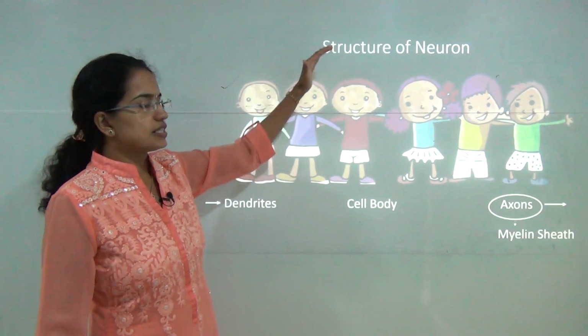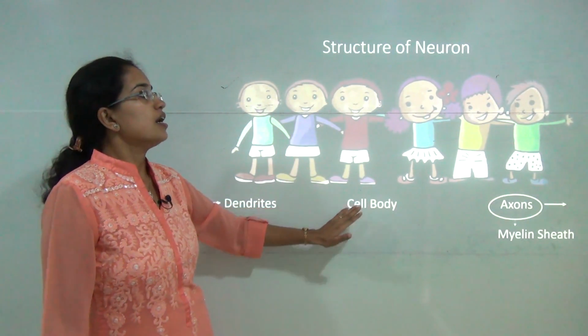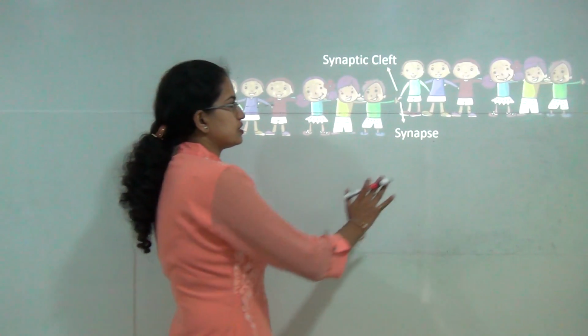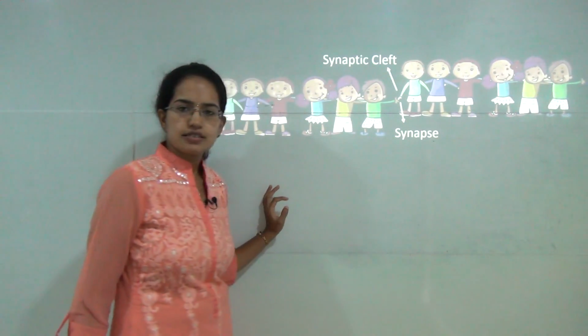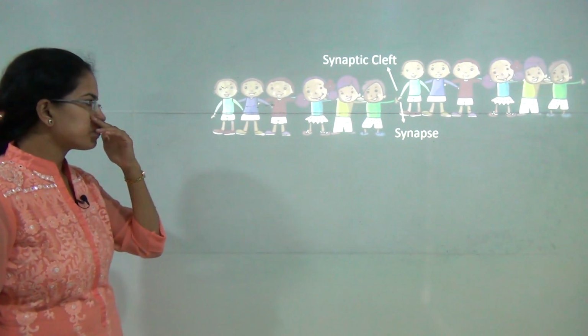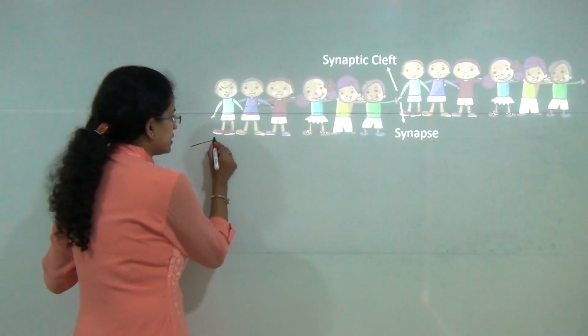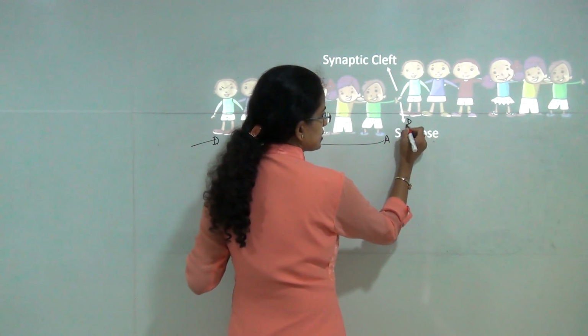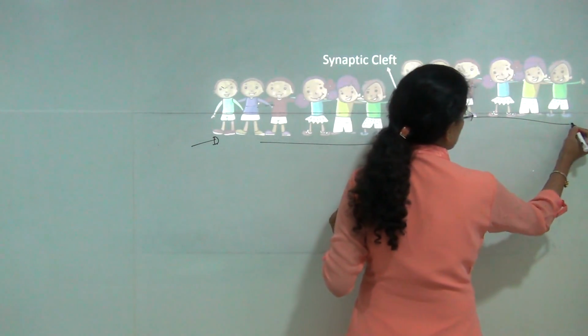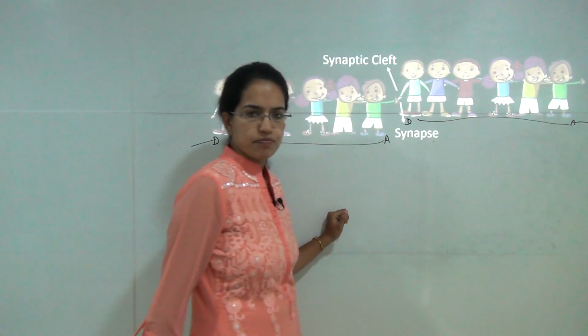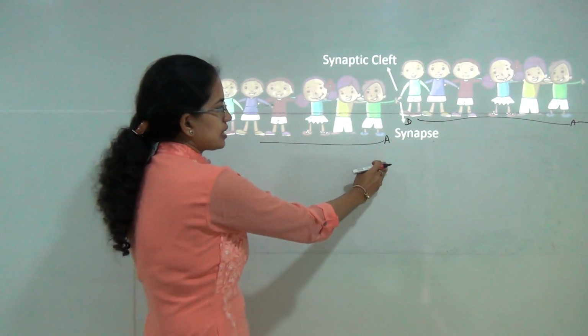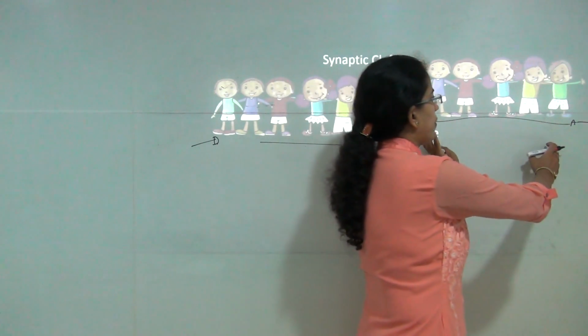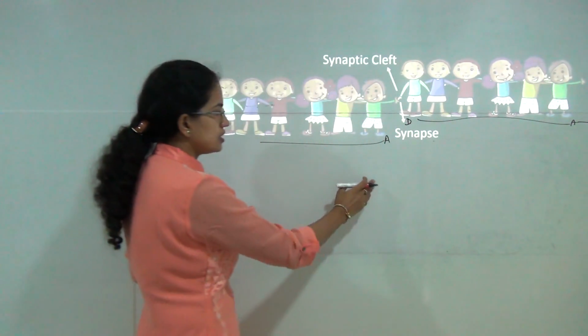Now, you have the structure of neuron as you have seen, but there are two sets of neurons that are in line. That means you have the dendrite of one, then the axon of one, and here starts the dendrite of another, and finally the axon of another. So, you have this neuron that exists and you have another neuron that works around with this neuron.